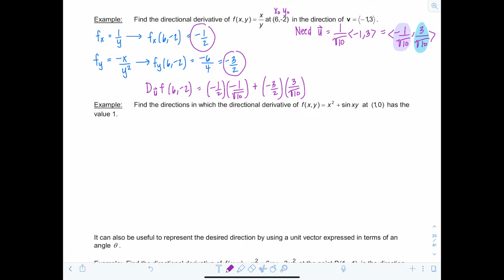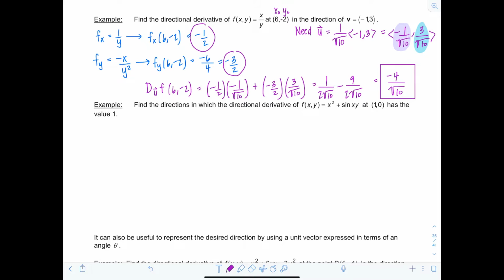And then let's see here, so I'm going to have 1 over 2 rad 10 minus 9 over 2 rad 10. So that's negative 8 over 2 rad 10, which is negative 4 over rad 10. And that's our final answer for this problem.